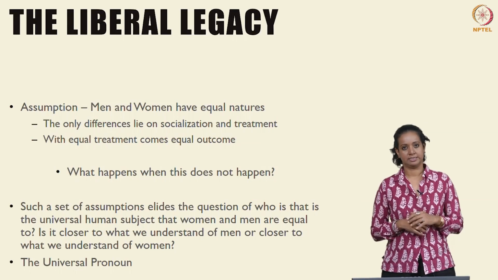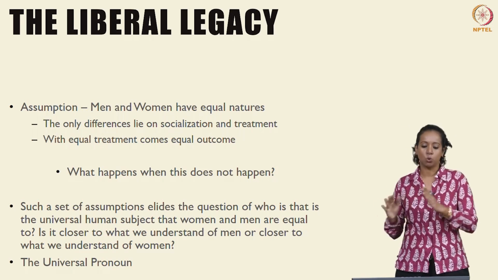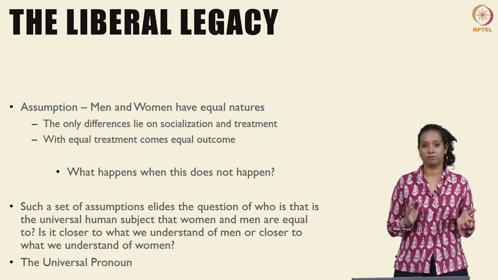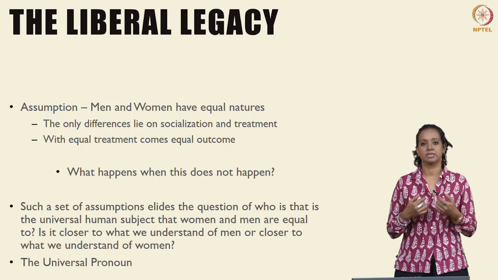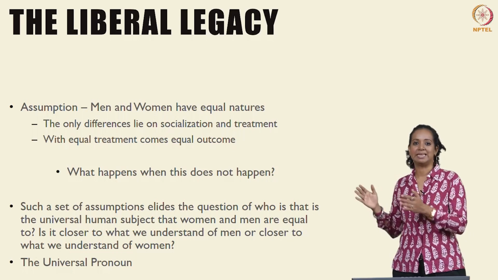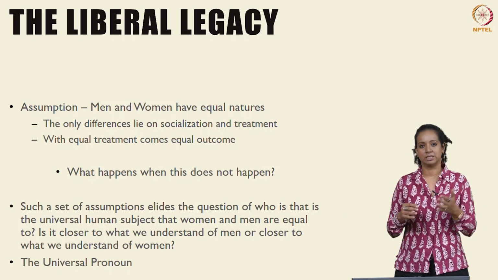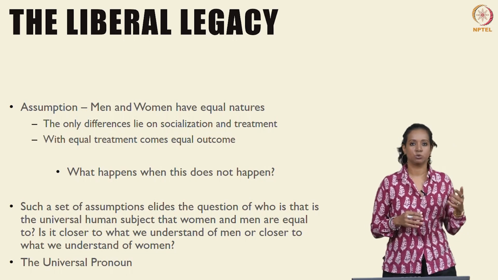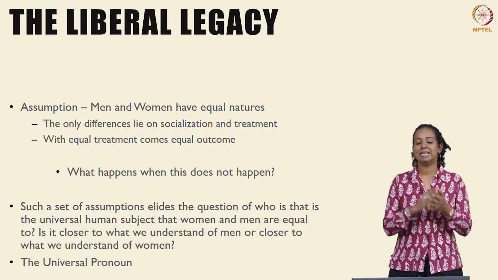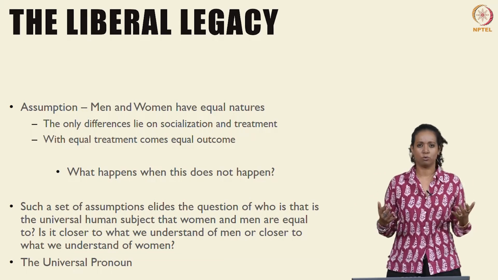The liberal legacy comes from the assumption that men and women have equal natures, and the only differences arise from socialization and treatment. In other words, all else being equal, men and women will have similar lives in the world. Now you might begin to understand what I mean by the equality model of sameness, which is men and women are the same.